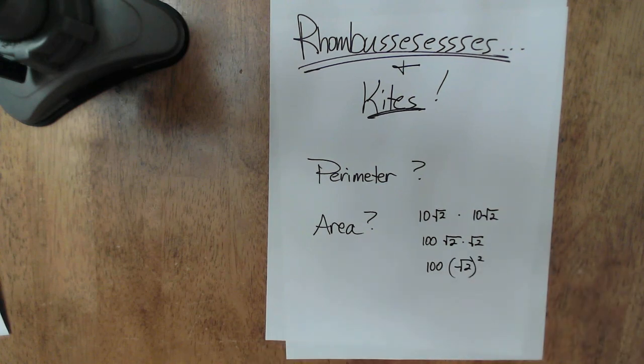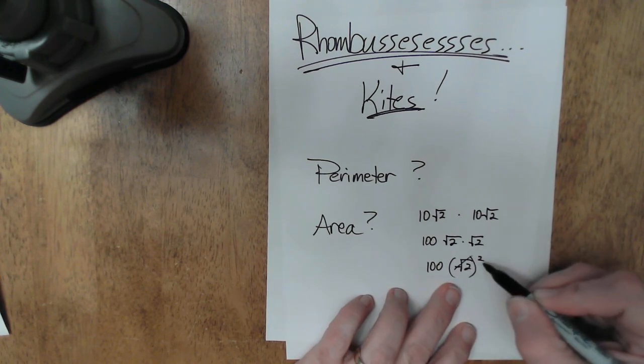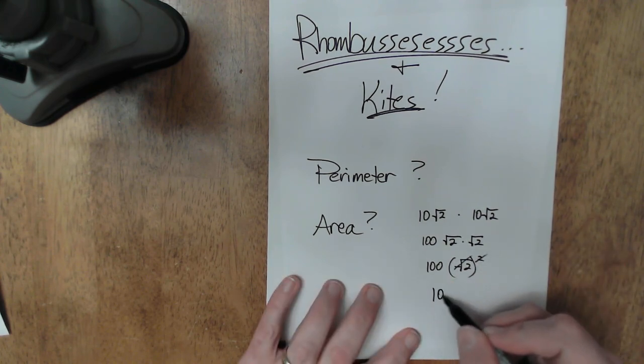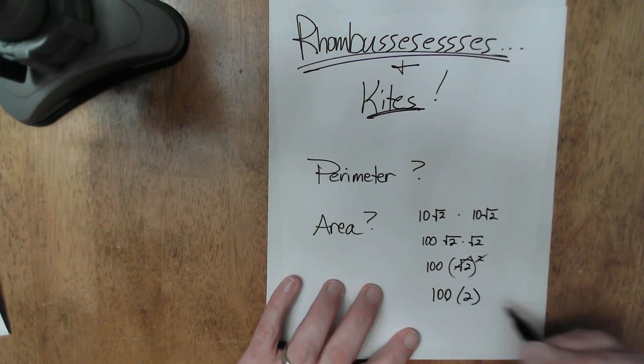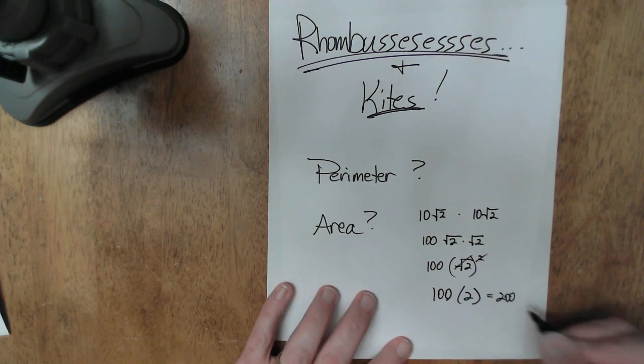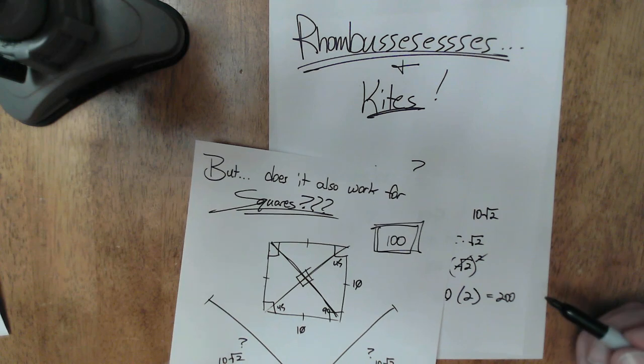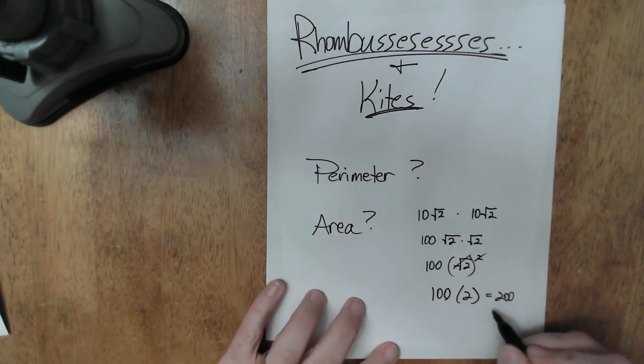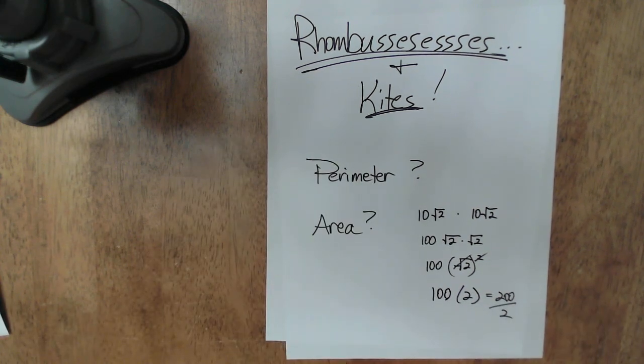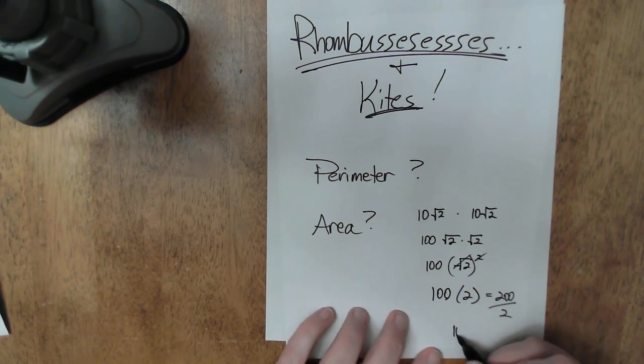And if you remember, when we have a situation like that, boom, boom, those cancel, and we end up with 100 times 2, which equals 200. But wait. 200 is not the 100 that we were looking for. Oh, but wait. We're supposed to divide by 2 at the end of it all. And when we divide 200 by 2, we get 100.